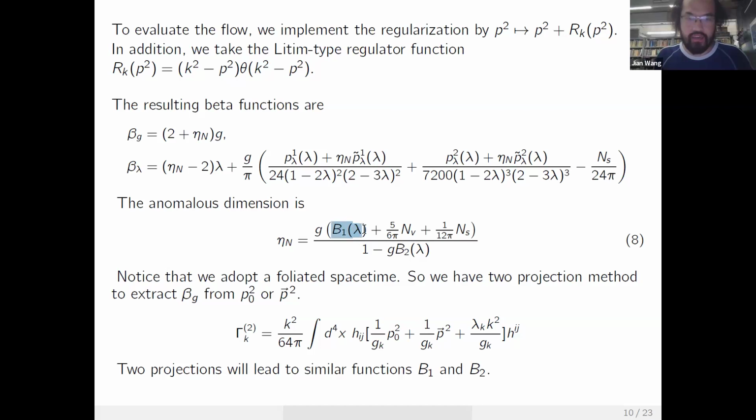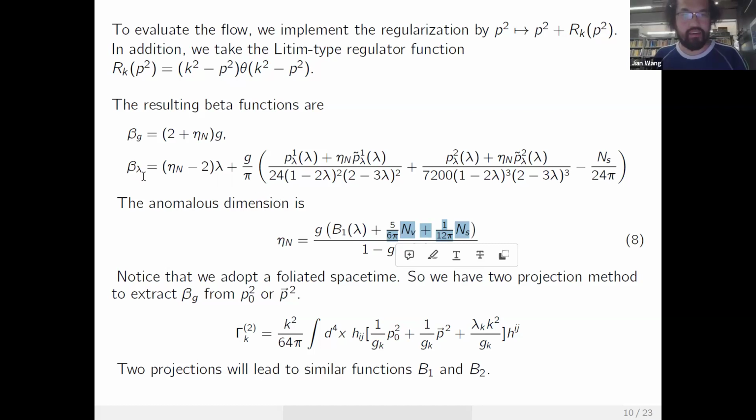Here B1 and also B2 are just functions of the cosmological constant. We can say that the anomalous dimension depends explicitly on the numbers of matter fields. That means the numbers of the fields would affect the RG flow and the fixed point structure in principle.